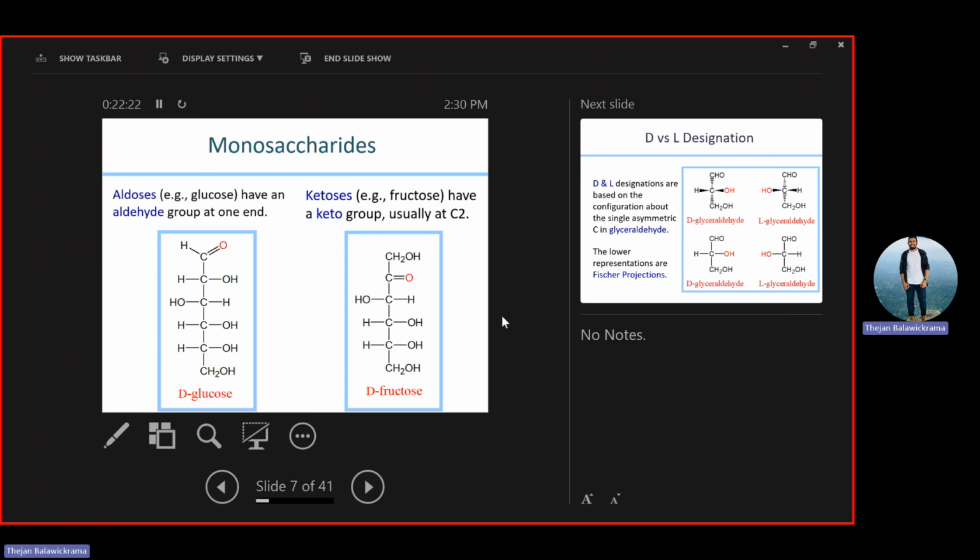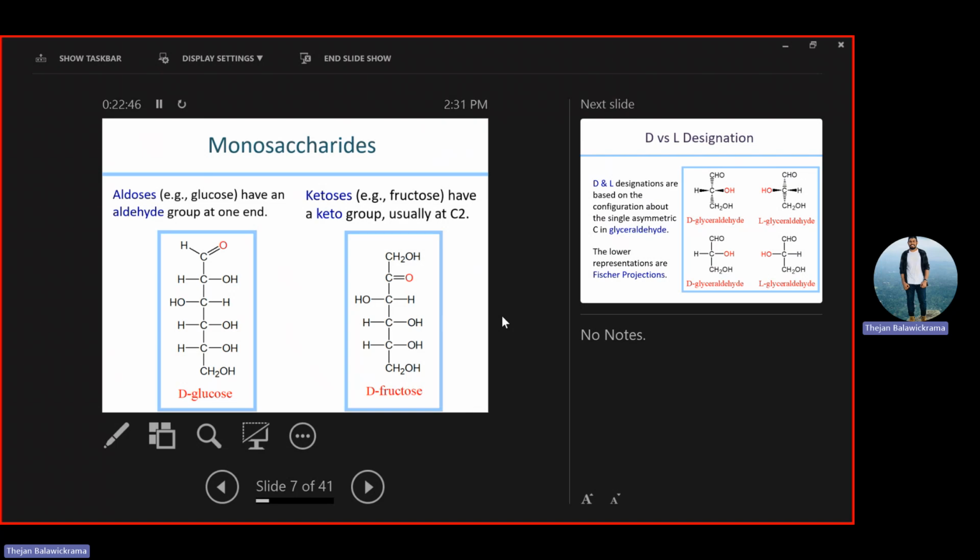There are two versions. Now we know the differences: same molecular formula, but structure is different. We talked about the ring structure. Now we are talking about the straight chain structure. And depending on these different types, this is a special group now, OH.